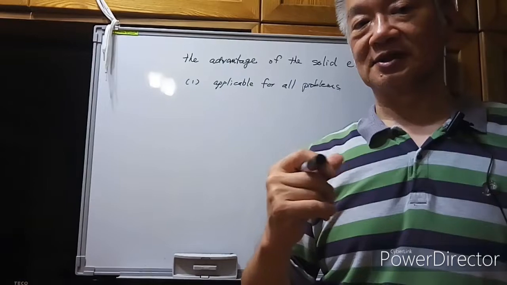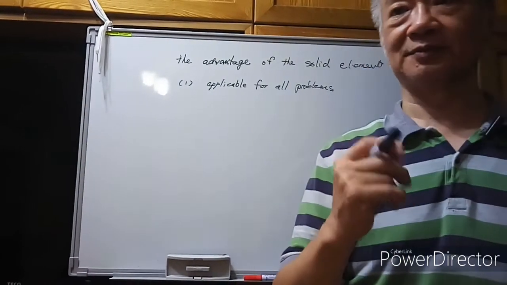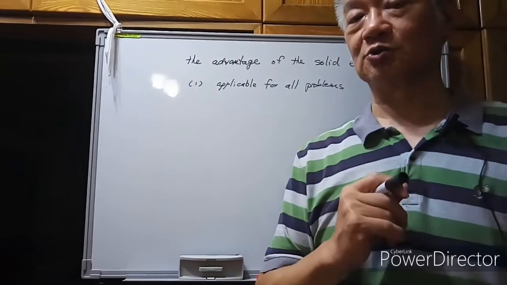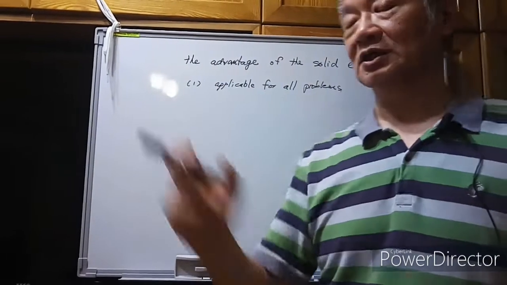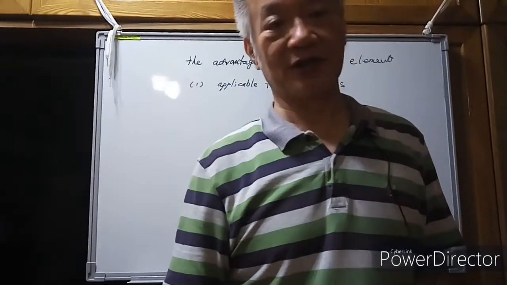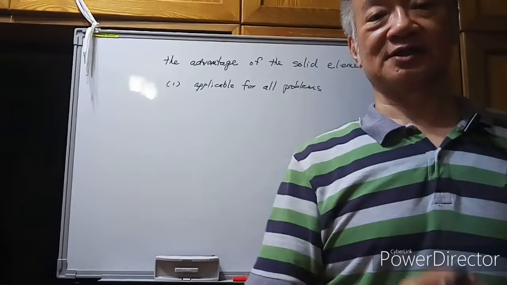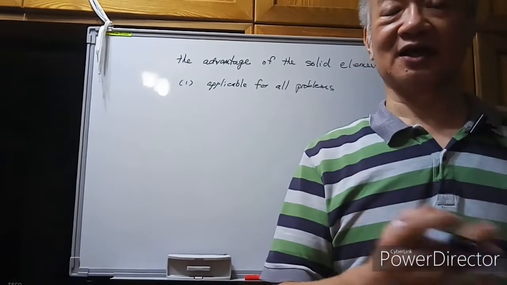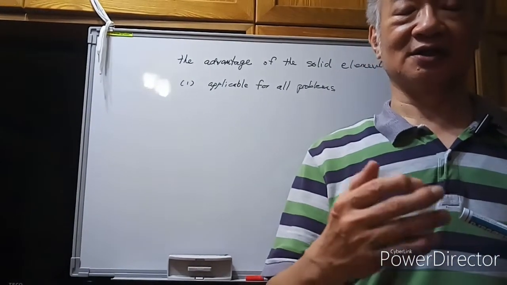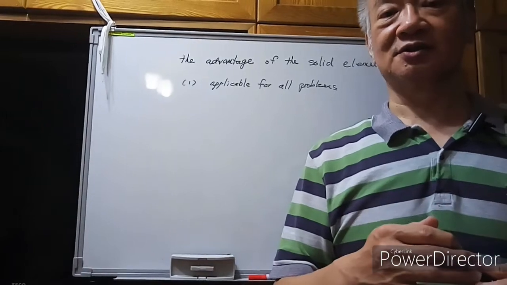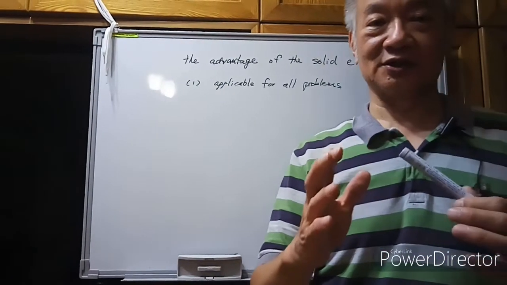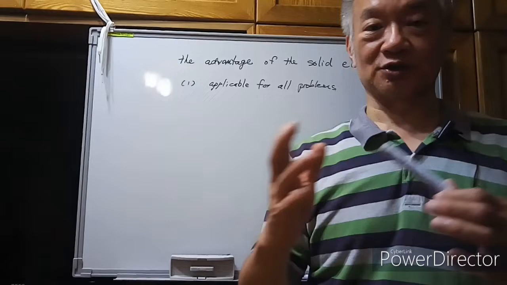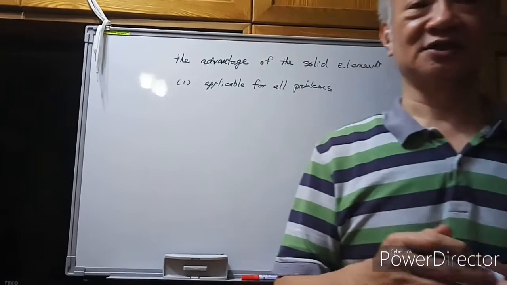So you can say all the structures must be three-dimensional structures. So if we use the solid element, it doesn't have any kind of simplified assumptions. So we don't need to consider the spatial characters for the structures.